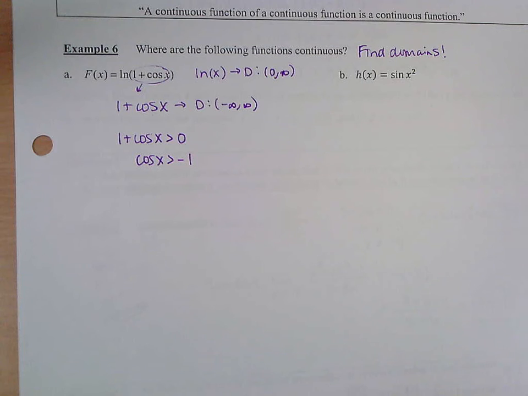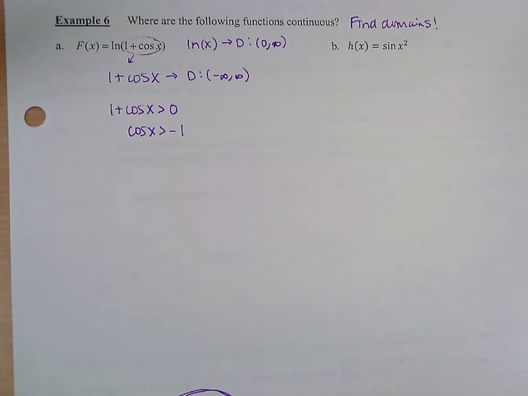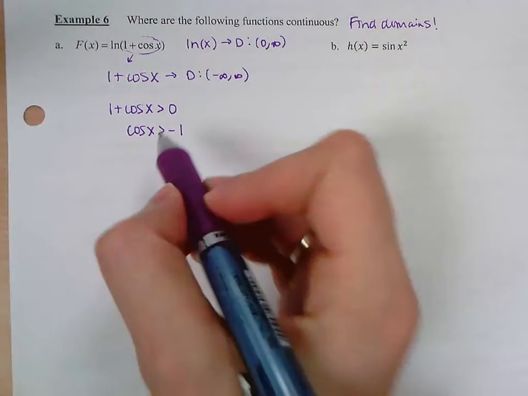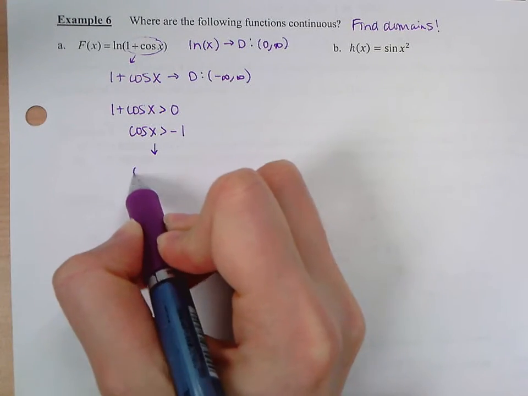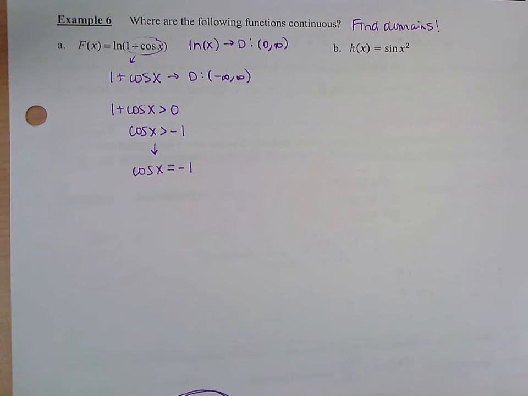So from here, and I picked this problem on purpose with trig involved in it, here's how I'm going to think about this. If this was cosine of x equal to negative 1, where is cosine of x equal to negative 1? Not 0. Pi, and then again not at 2 pi, at 3 pi, at 5 pi, at 7 pi.